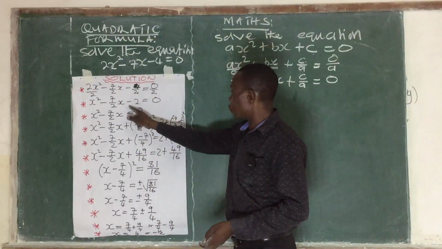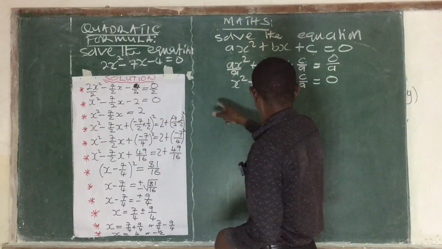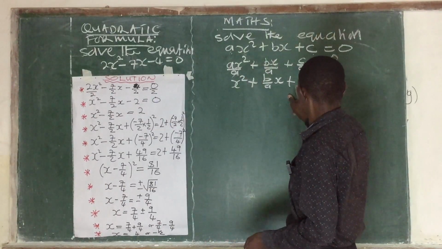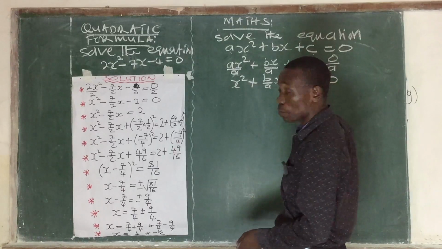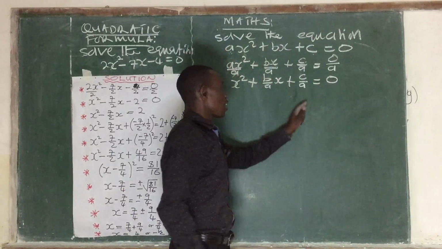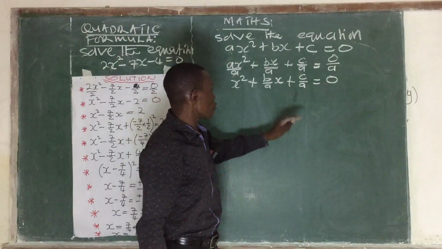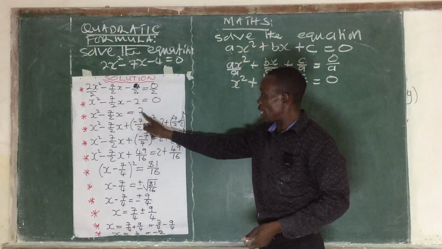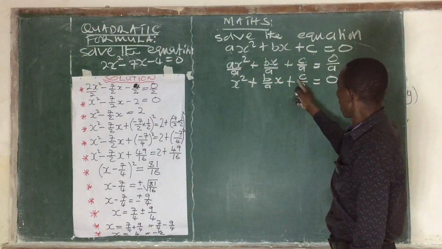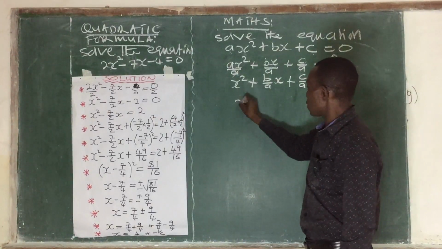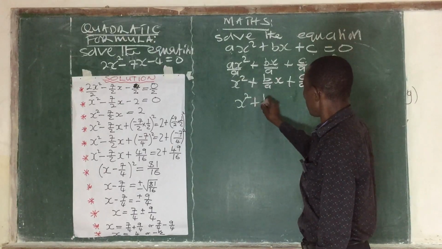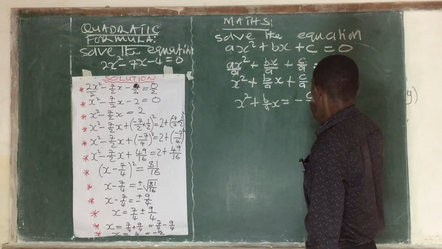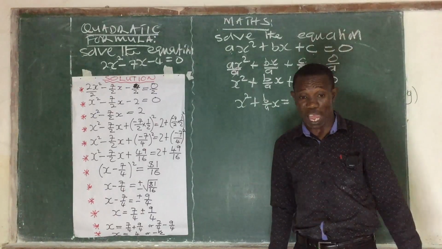If I'm transferring the 2 to this side, you'd see that the number is just having no x. The same here: out of the 3 terms, you have C over A, which has no x. So if I'm transferring it to the right hand side to have it negative, I'll also do the same here and transfer this one to that side. So I've got x squared plus B over A x is equal to negative C over A. That's what we have there.